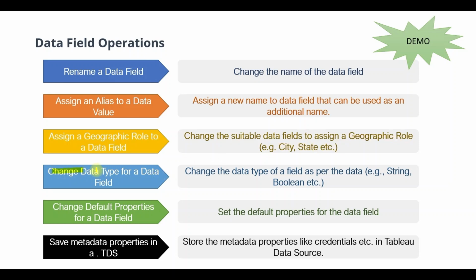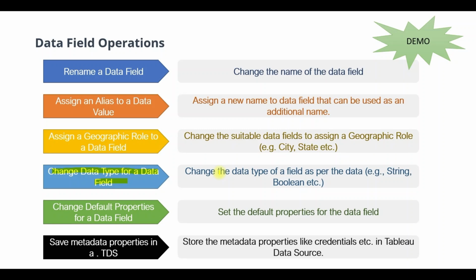Then comes change the data type for a data field. When the data is being imported, since Tableau is a smart tool, it automatically assigns the data type to the data fields. For example, sometimes if a column has all integer values, but integers can be a part of string, Tableau assigns it as string.